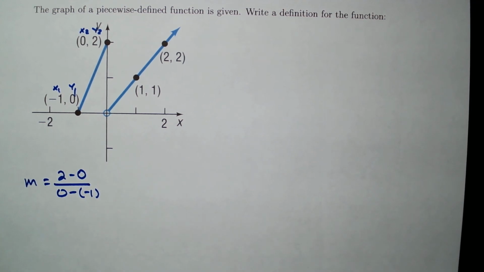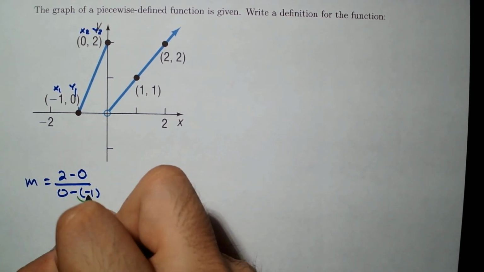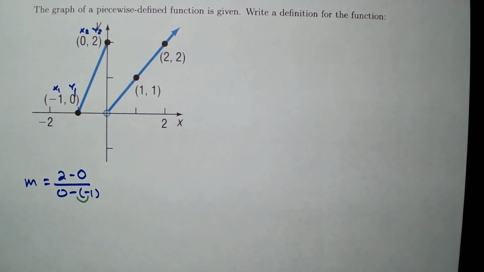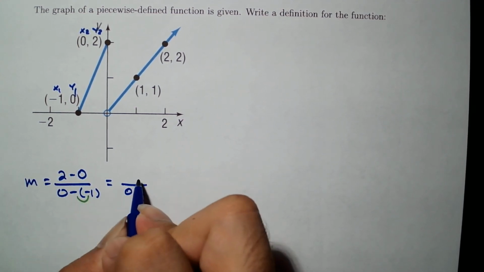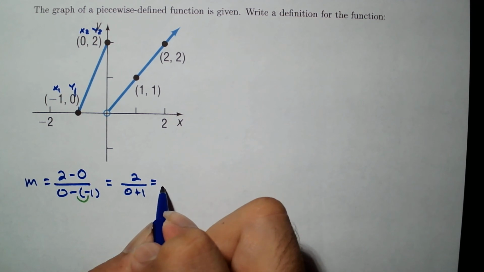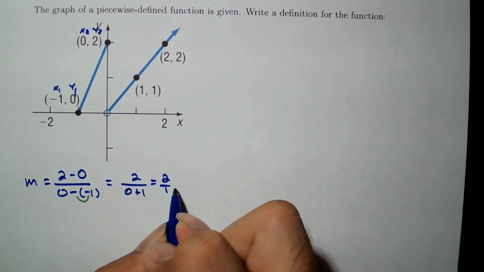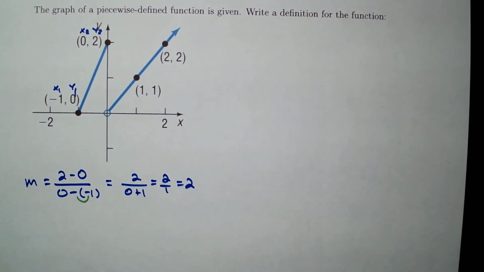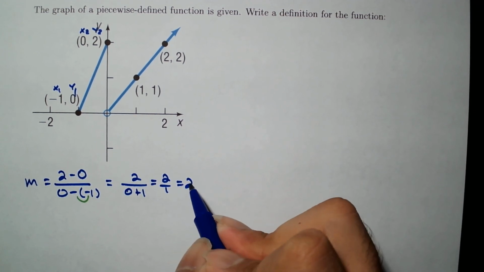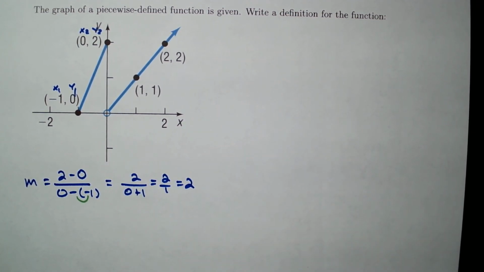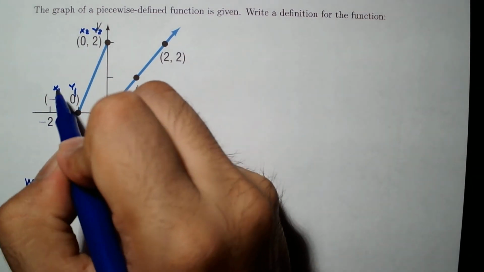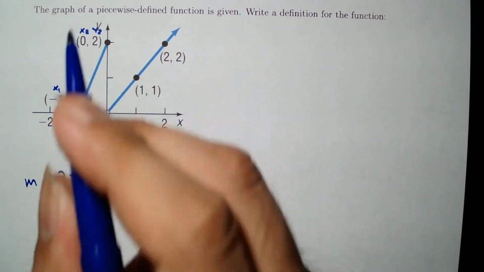Careful here. So here we're going to have some smile rule. Okay, smile, be positive, 0 plus 1, 2 minus 0 is 2, over 1, which is 2. So now that we have the slope, we are going to use this slope in any of these 2 points. I'm going to use the 0, 2.